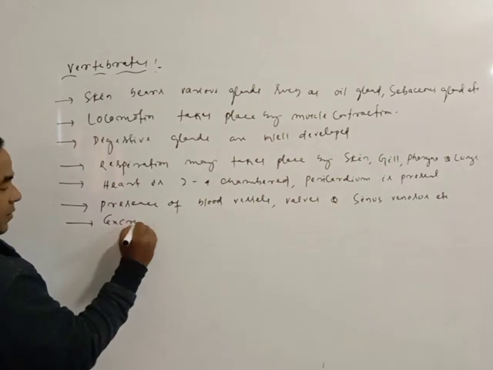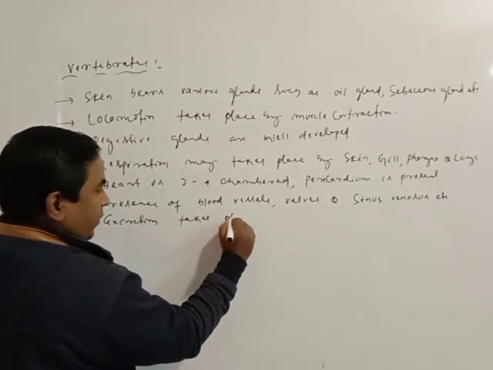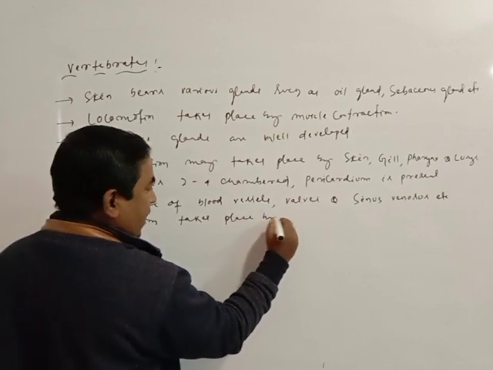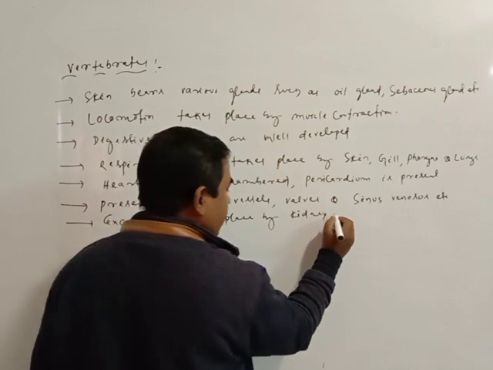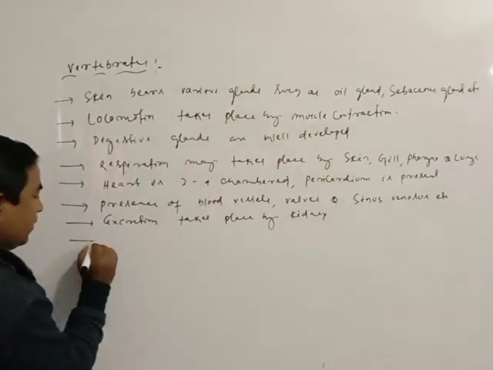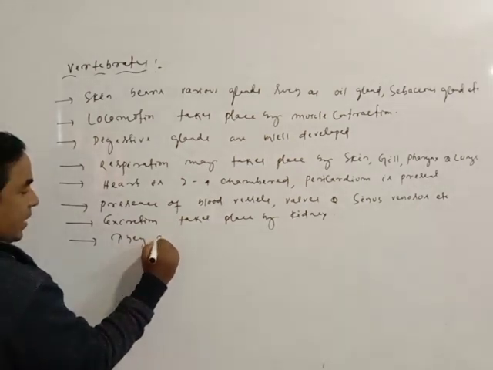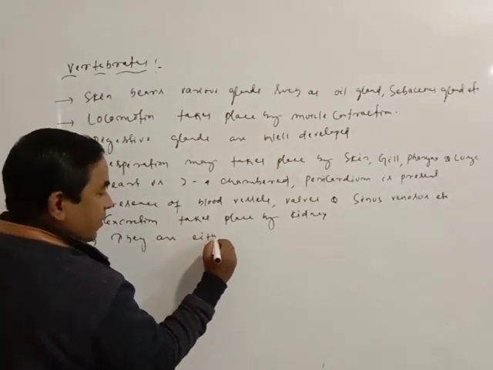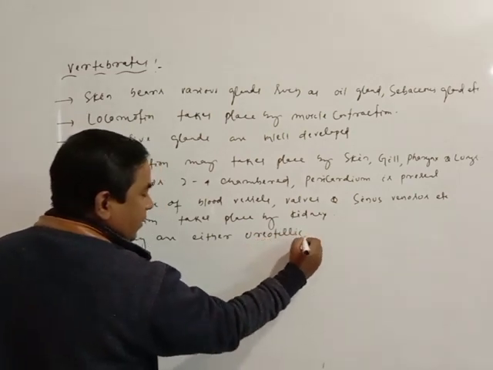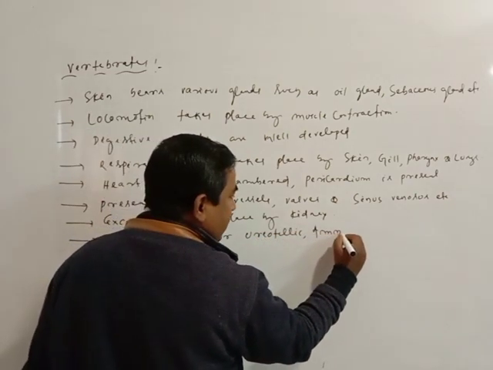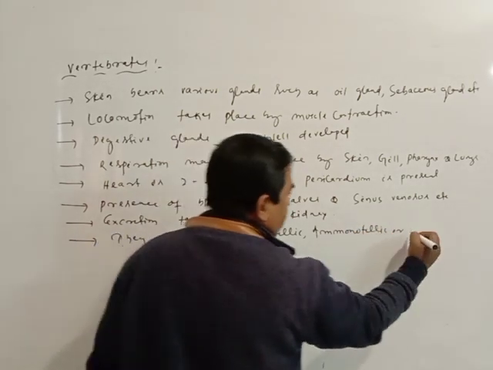Next, excretion takes place by kidney. They are either ureotelic, ammonotelic or uricotelic.